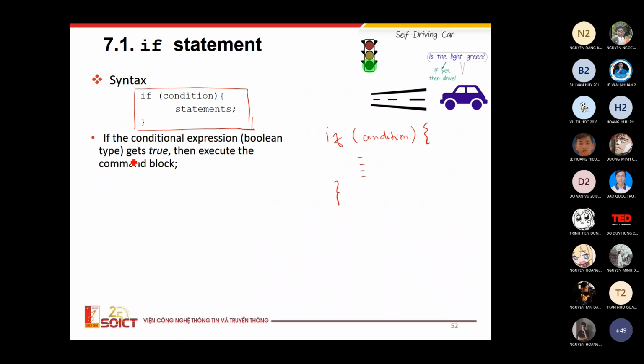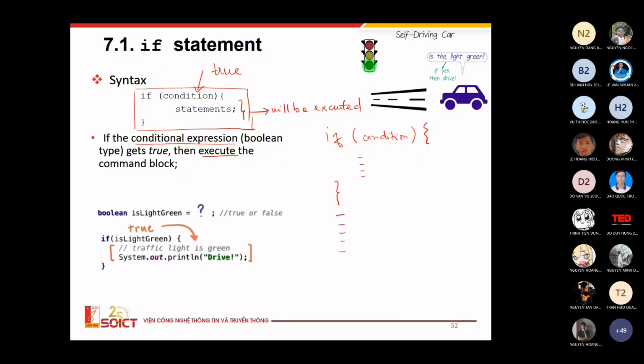If this condition is true, the statements will be executed. Và nếu điều kiện này thỏa mãn thì thực hiện các cái lệnh này. Còn nếu điều kiện này không thỏa mãn thì làm sao? Không thực hiện các lệnh này mà đi đến các lệnh tiếp theo.